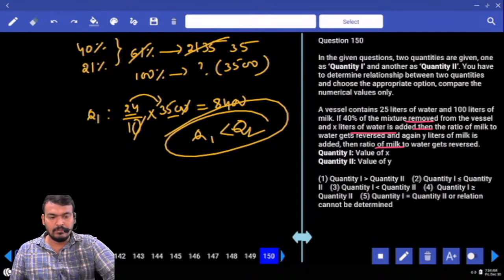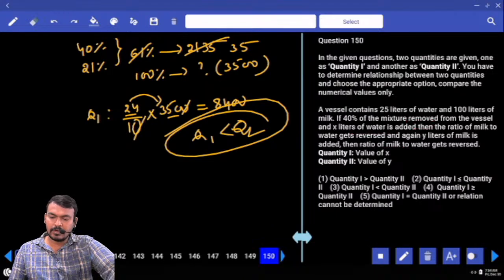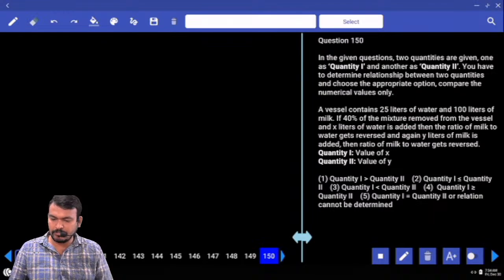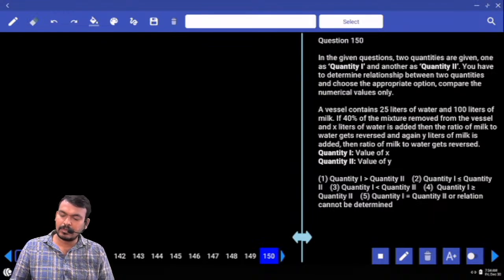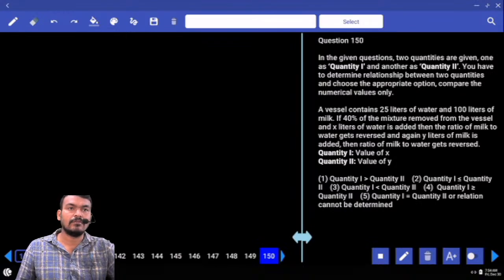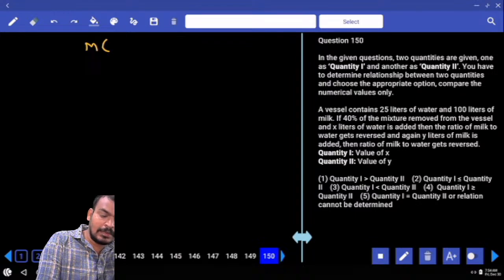Next, 150. A vessel contains 25 liters of water and 100 liters of milk. If 40% of the mixture is removed from the vessel and x liters of water is added, the ratio of milk to water gets reversed. What is the initial milk? 100 liters.